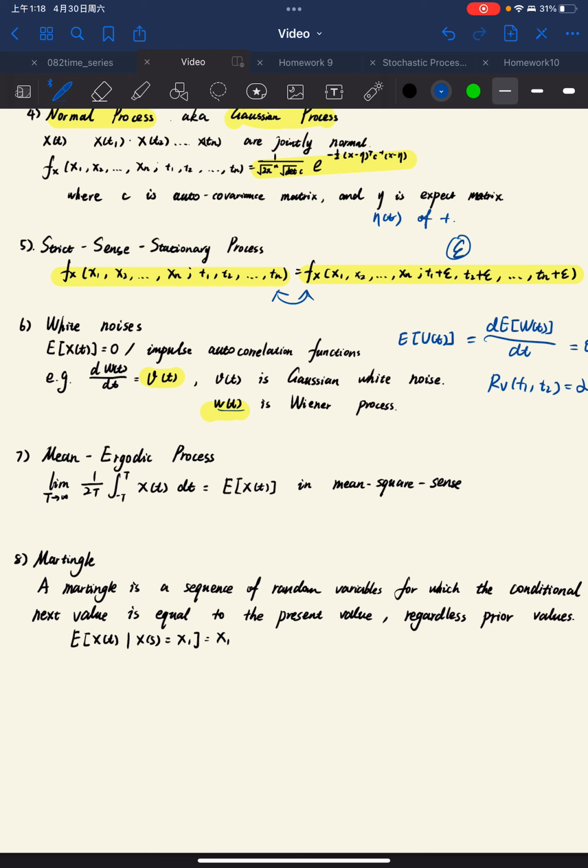And the seventh one, the mean ergodic process.